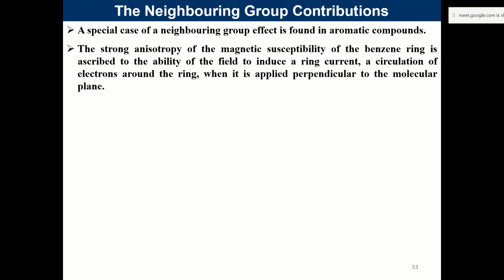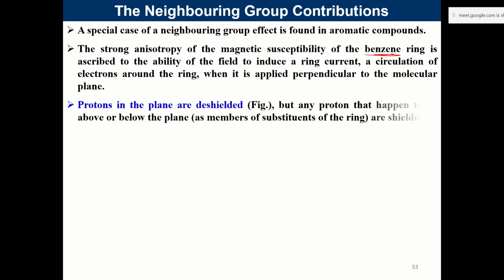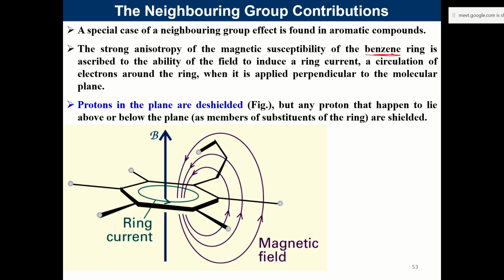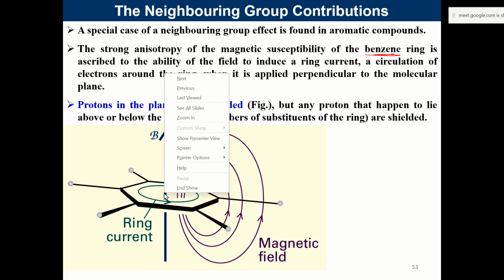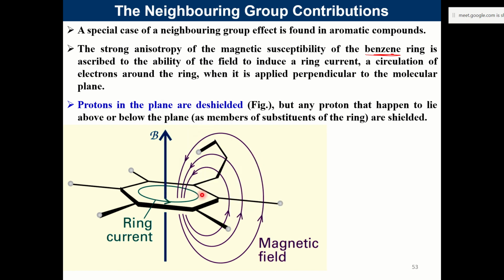So in an aromatic compound, particularly in a benzene ring, you can imagine a ring current, a circulation of electrons. This green arrow shows the circulation of electron current along the ring, moving in this direction.